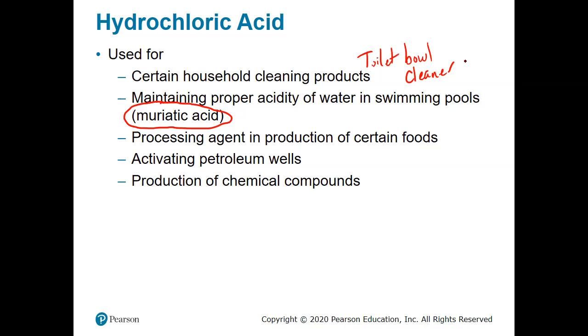Anything that we use with acids and bases, usually the acid of choice is hydrochloric because it doesn't have the oxidizing power of nitric, doesn't have the dehydrating power of sulfuric. It's a little bit more stable, a little bit less reactive, even though it is still a strong acid.